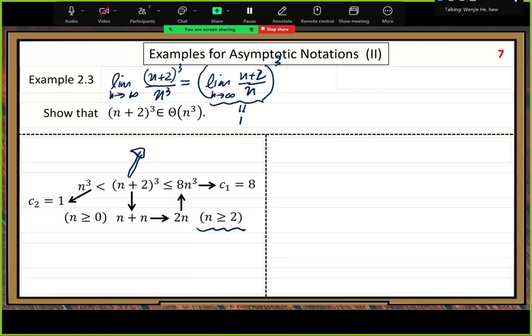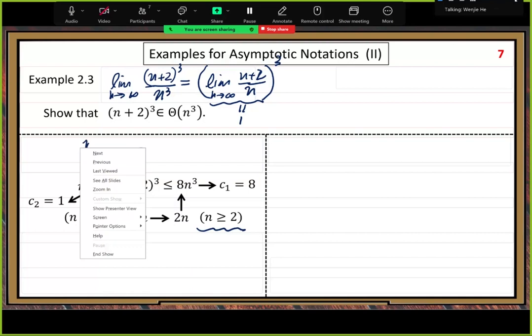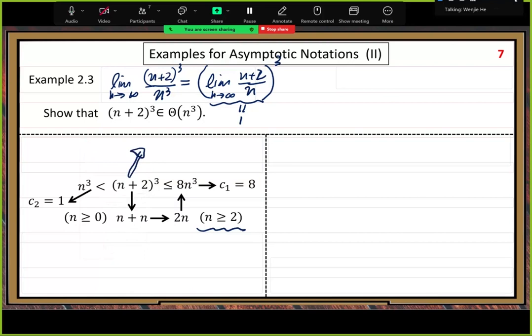They applied the formula for a plus b in parentheses cubed, the binomial formula, Pascal's triangle. Those students know that formula.